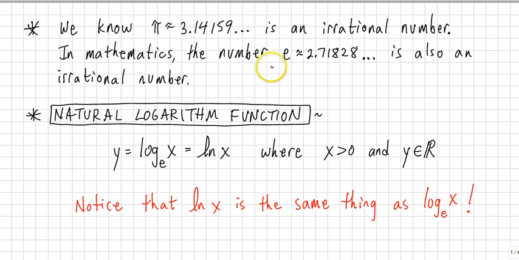In mathematics, lowercase e is also an irrational number. e is approximately 2.71828, and then the decimals keep on going. They don't terminate, and there's no pattern to them. So when you see lowercase e in mathematics, that represents an irrational number that's approximately 2.71828. e and pi are very similar.